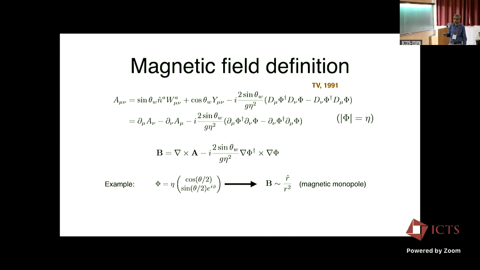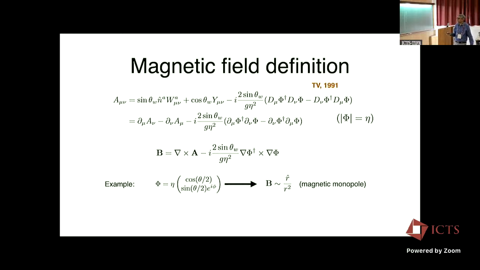The logic for this is exactly the logic we had in the case of the O3 model, that we had to add this extra piece to maintain gauge invariance and to reduce to Maxwell in the limit that phi is uniform.